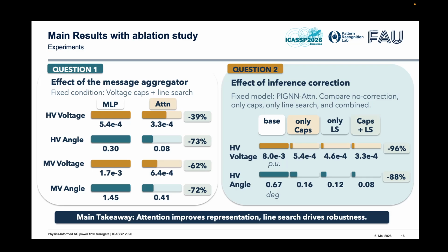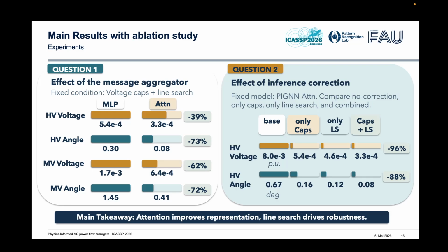And second, we also found the inference time correction mechanism consistently improved the result in most of the cases. For example, in high voltage scenarios, the full model with attention-based message aggregation and two inference time correction mechanisms, voltage update caps and line search correction operator, performs the best.